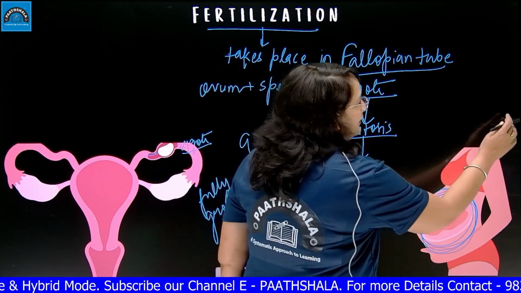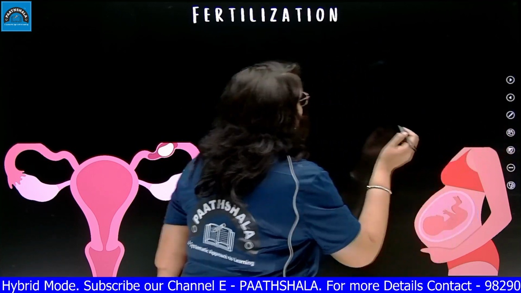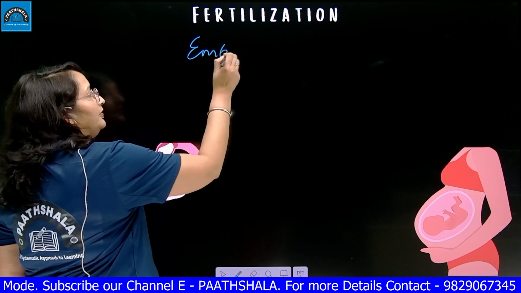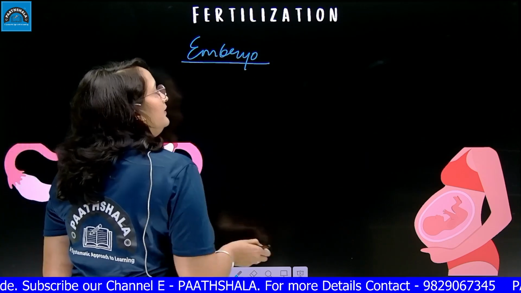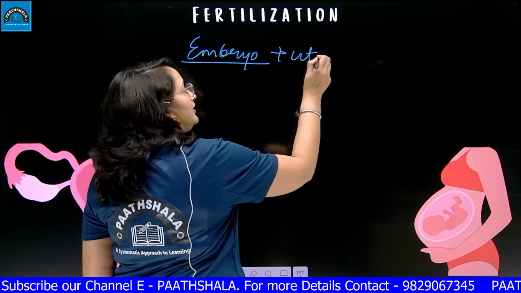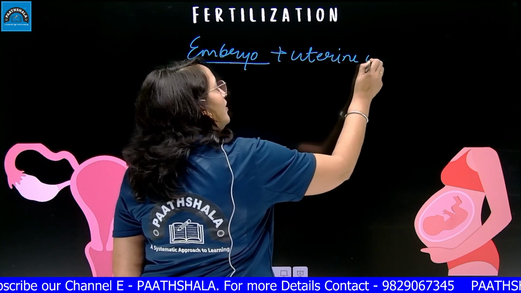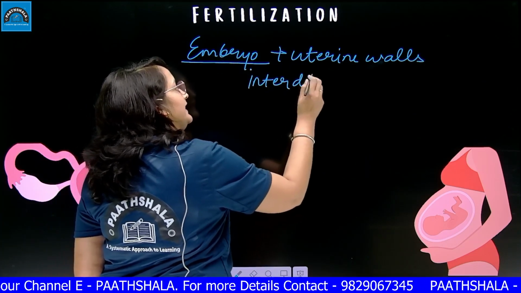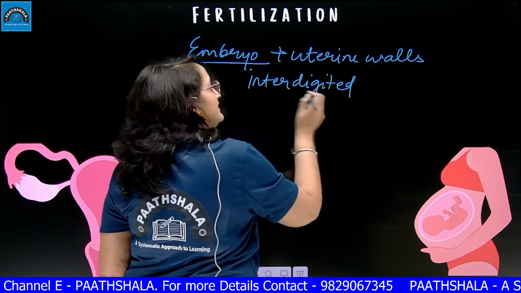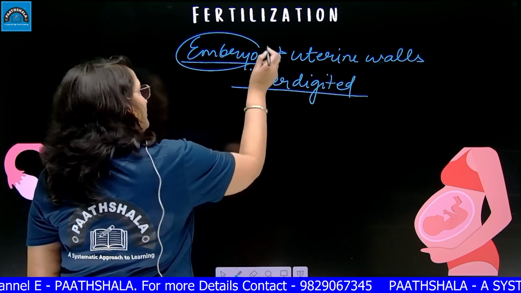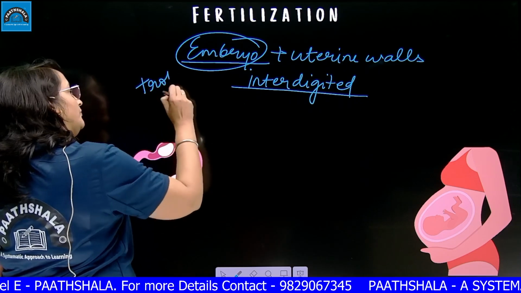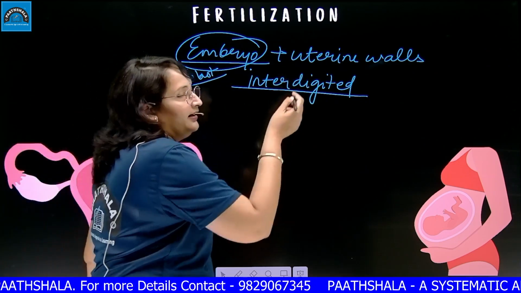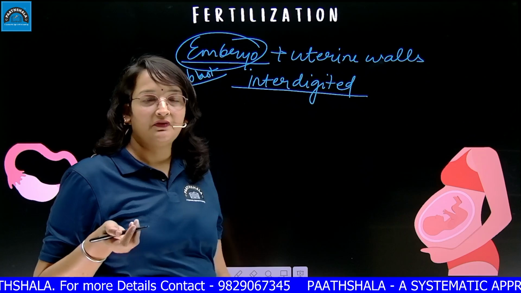This is a very important question, students: when fertilization occurs, the embryo plus uterus walls get interdigitate. Interdigitate means they get connected. The embryo wall is called trophoblast, and we have 3 layers in the uterus wall, the endometrium.